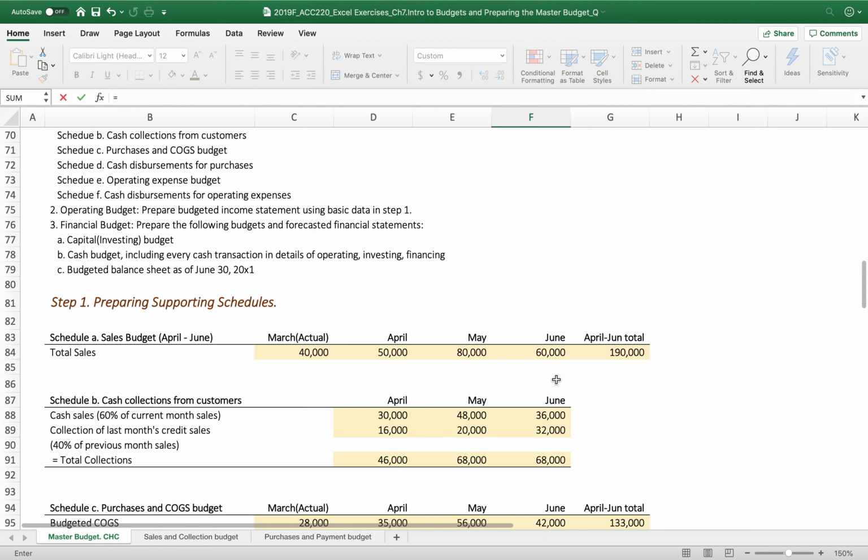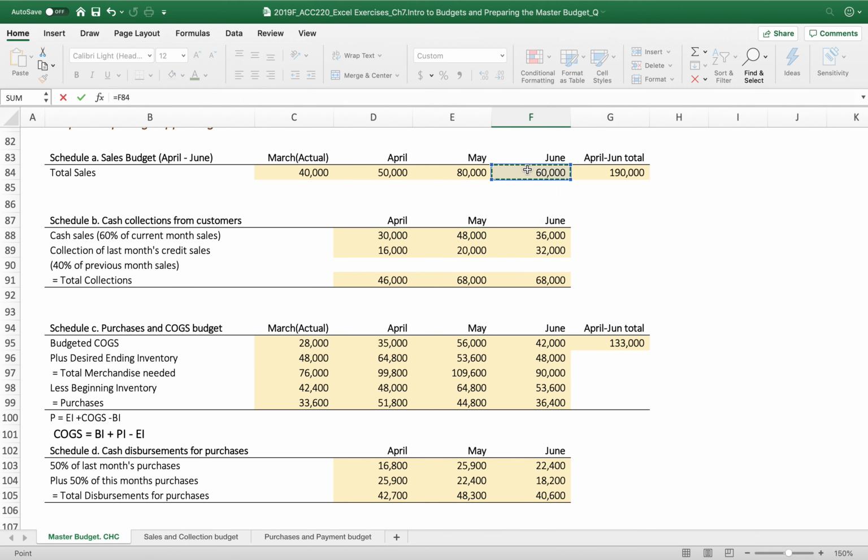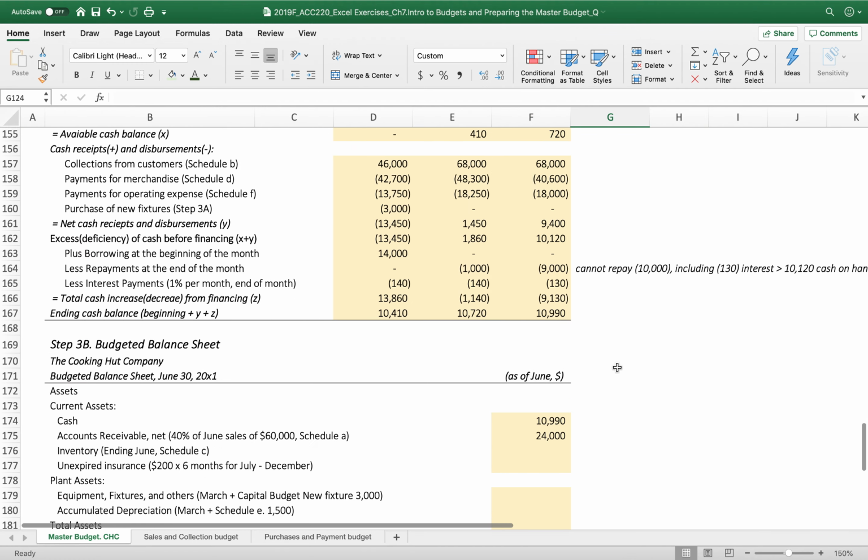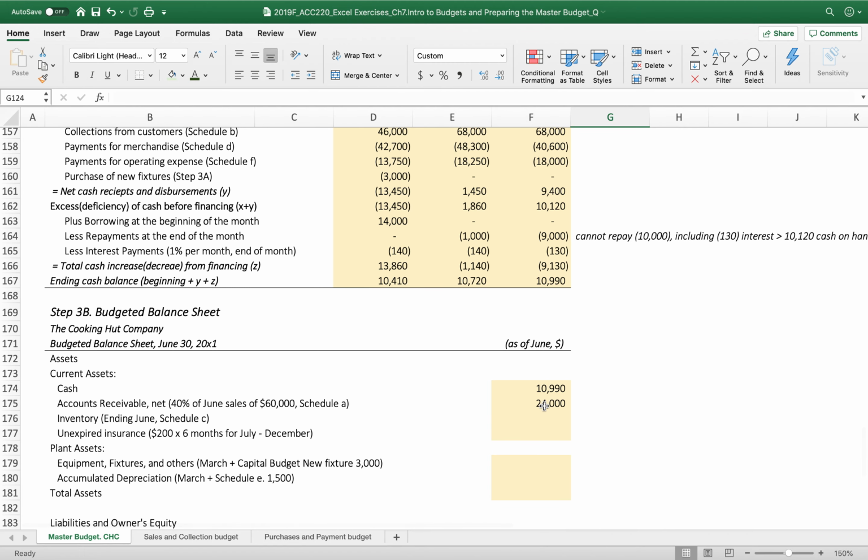So 40% is accounts receivable. So 24,000 is the accounts receivable.